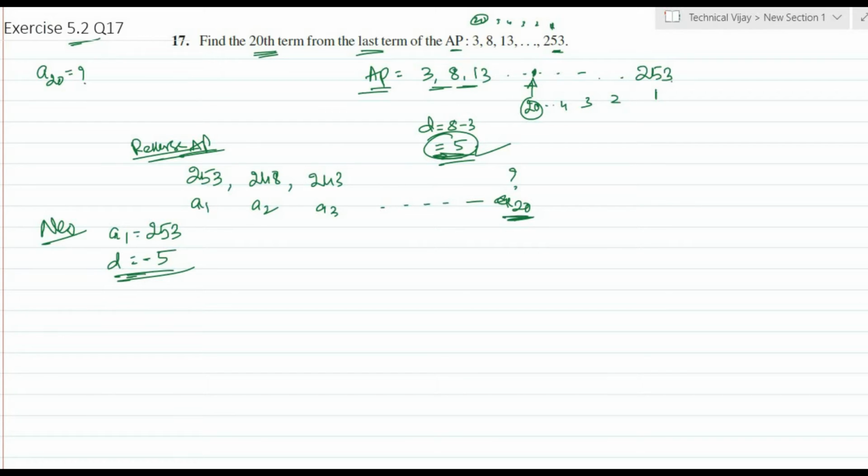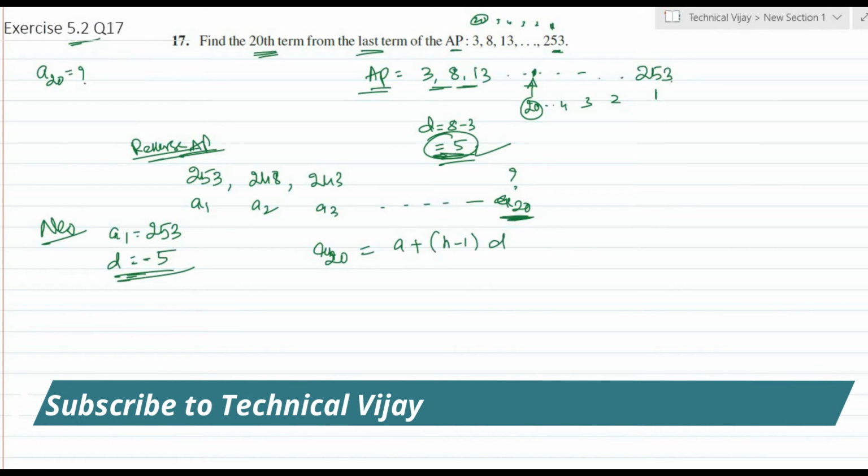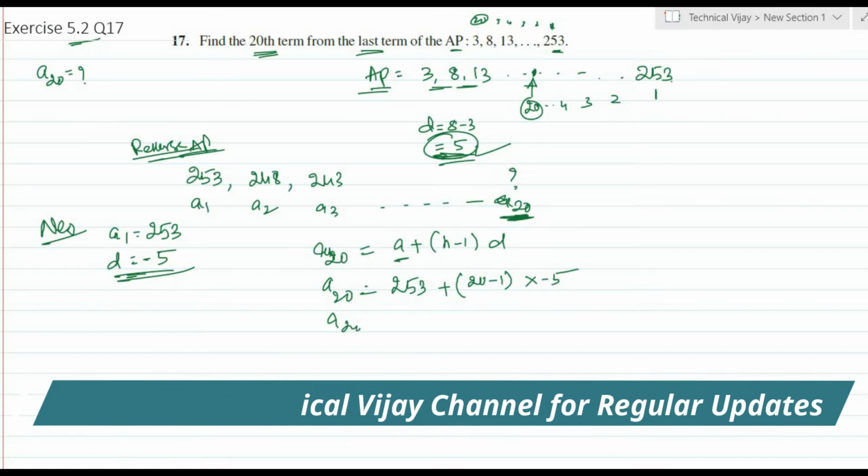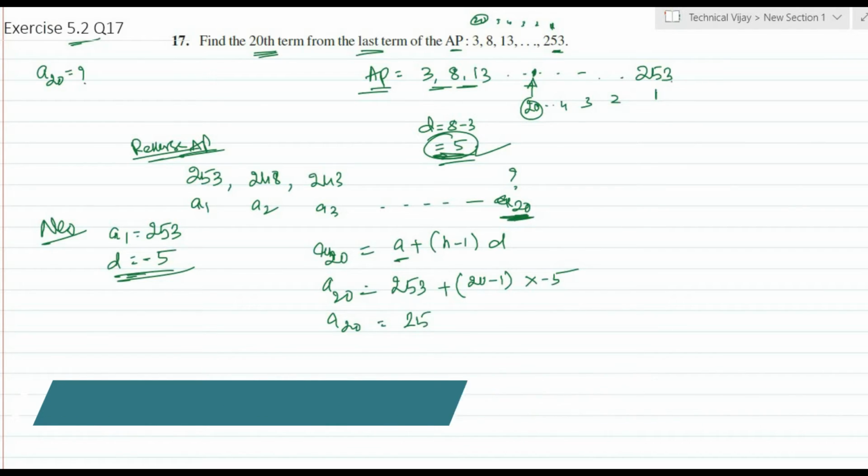Now we have to calculate A20, that is A20 is equal to A plus (n minus 1) into D. A means 253, n means the number of terms, 20, so 20 minus 1, into D, which is minus 5.